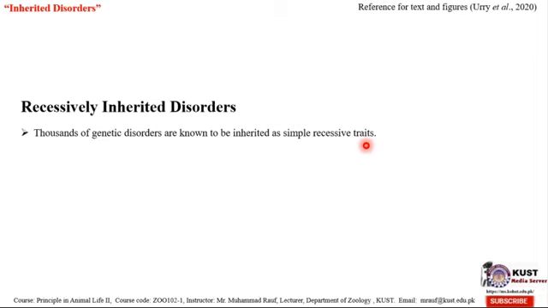A dominant genetic disorder is one which is expressed in heterozygous form, and recessive genetic disorders are ones which are only expressed in homozygous form. Both the alleles need to be defective, only then will such a genetic disorder be exhibited in the phenotype.